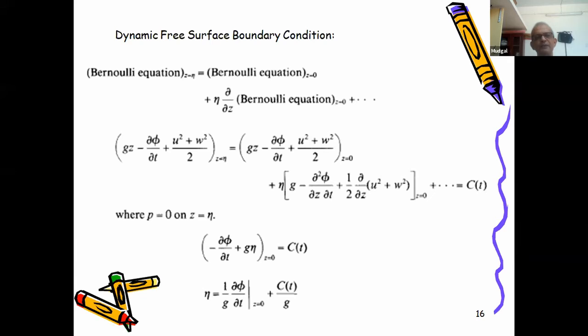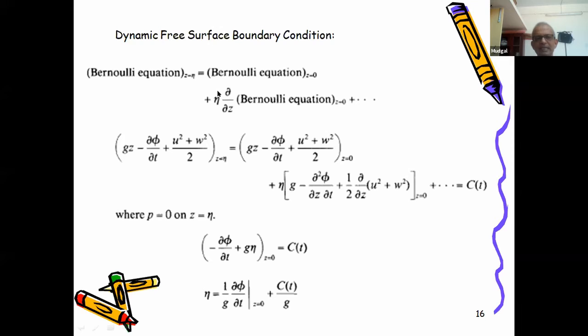Okay, and since the free surface is also a streamline, we are applying the Bernoulli's equation for the free surface.